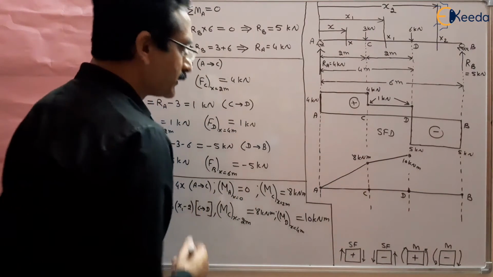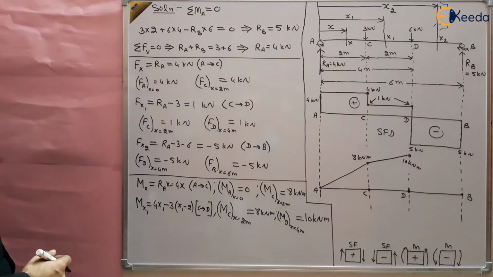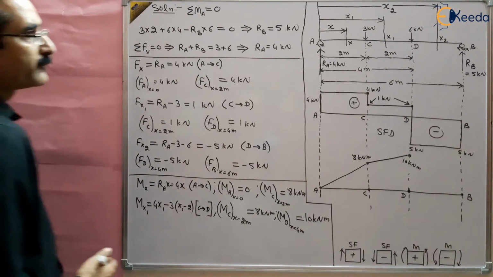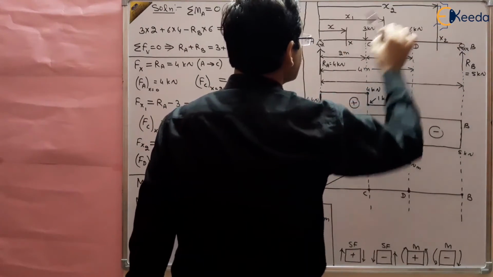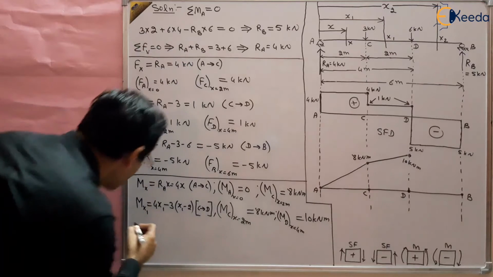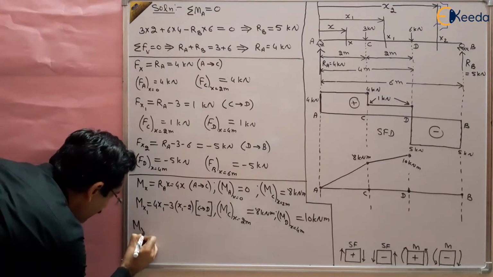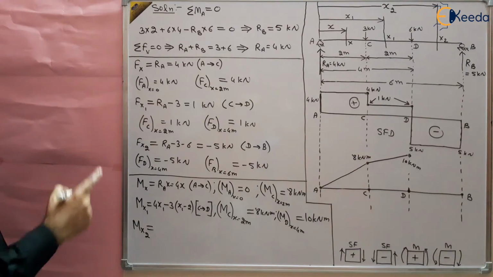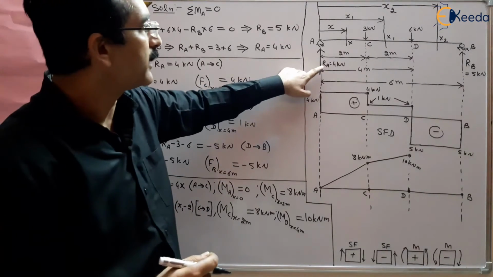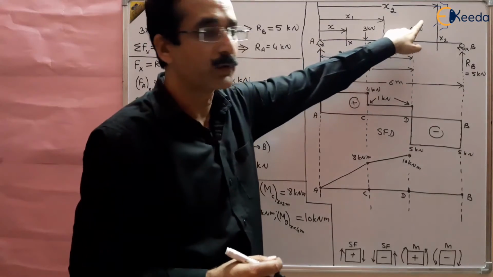And then we can take this section x2 at a distance x2 from A. So what will be Mx2? Mx2 will be the moment of RA, 3 kilonewton and 6 kilonewton, three forces.